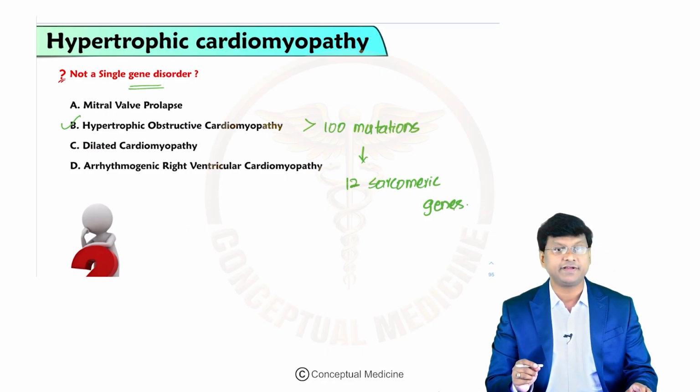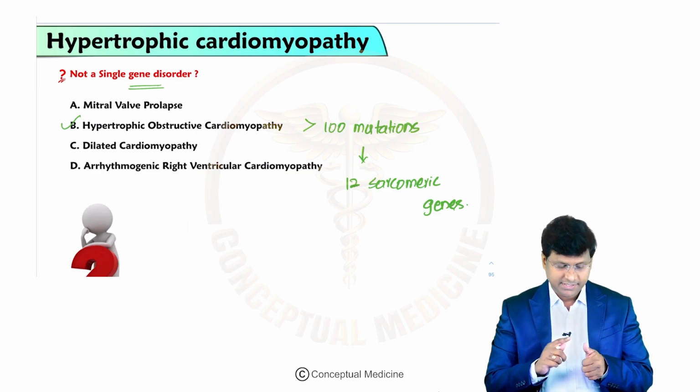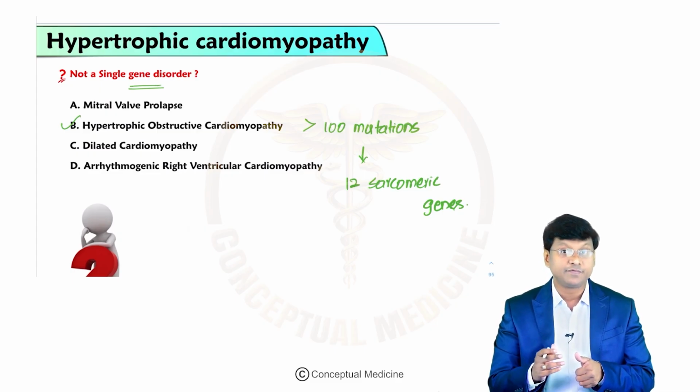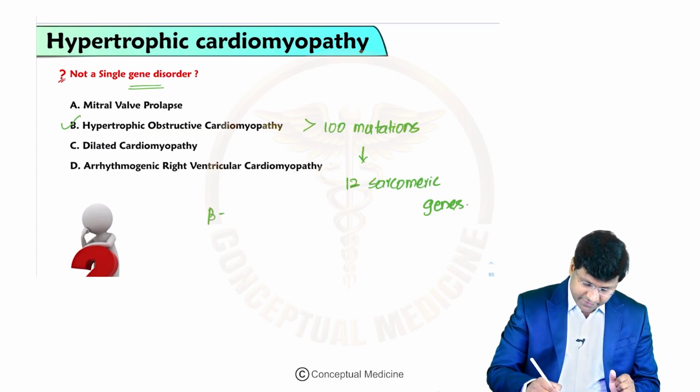Mutations that have been identified in at least 12 sarcomeric genes. Out of which the very important gene being mutated is the gene which codes for the beta-myosin heavy chain.